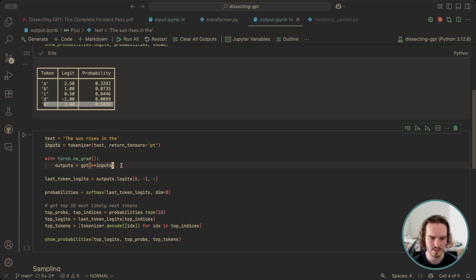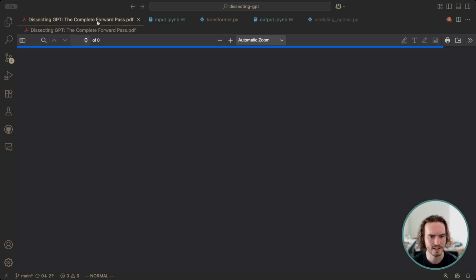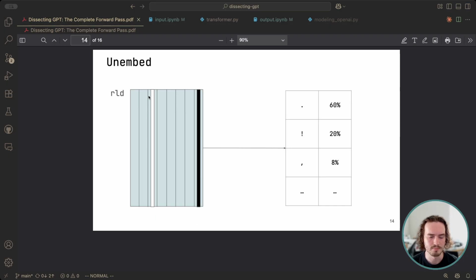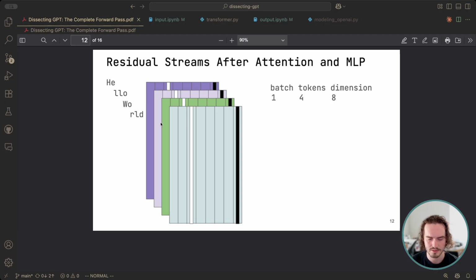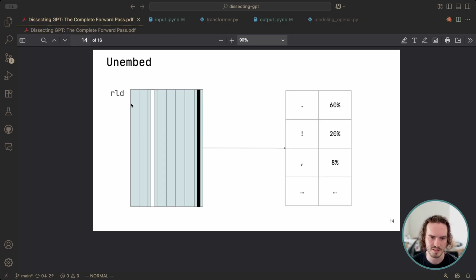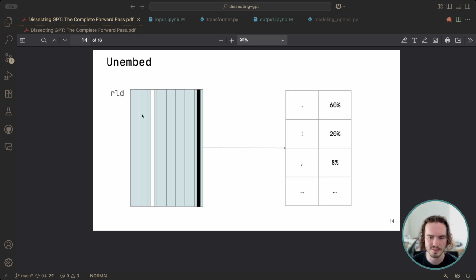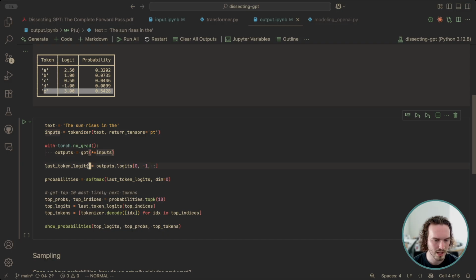But we only care about the prediction that comes as the last token. So by that, I mean we had our 4 tokens, but we only actually care about the scores that come out of that final thing, that URL in this case. And so we're going to get the probability distribution over that because that is the actual new next token that we don't know. And so we want to grab the last token logit.